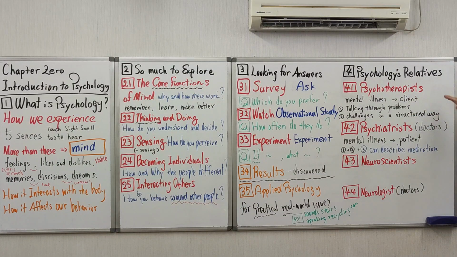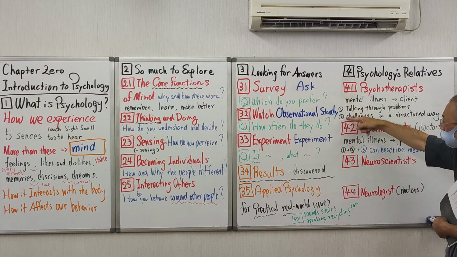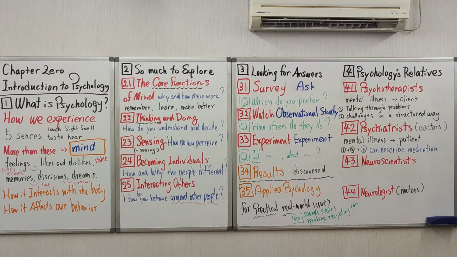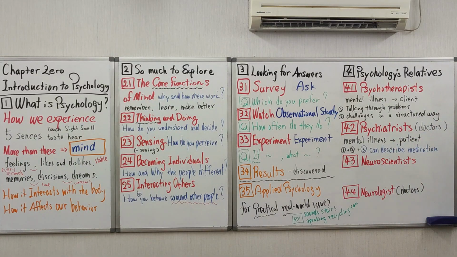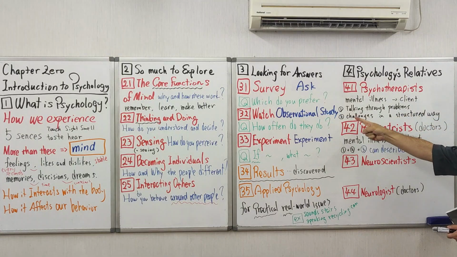Then for the client and the patient, there are three things. Number one is talking through the problems: asking about the problem, how it is, and how you are suffering from it. That is the questioning and listening, talking about that topic.